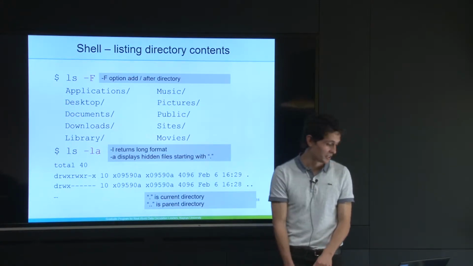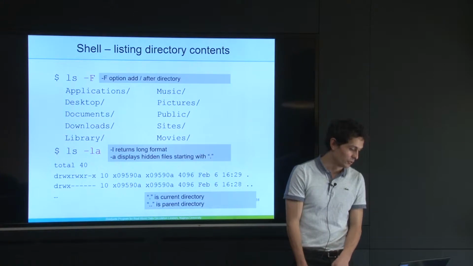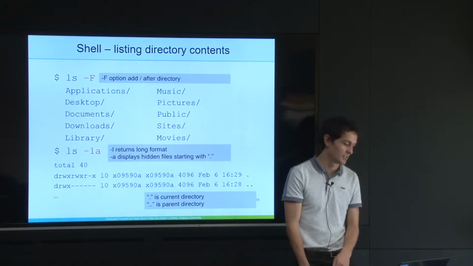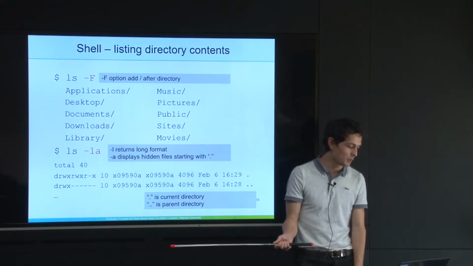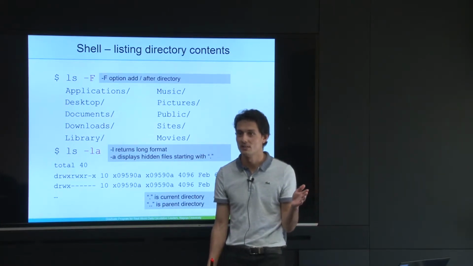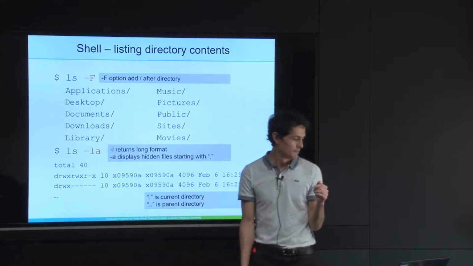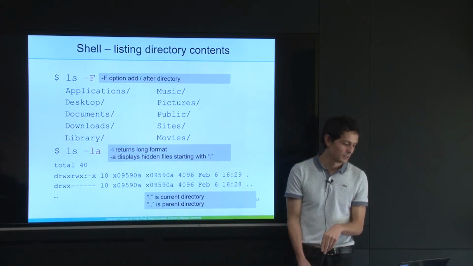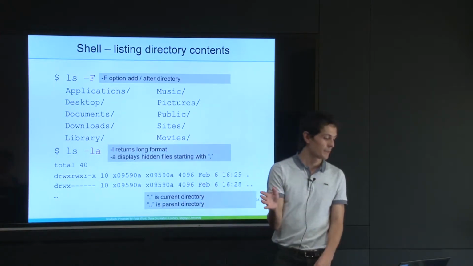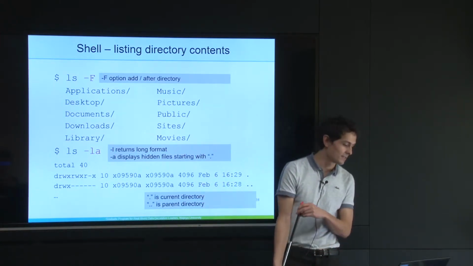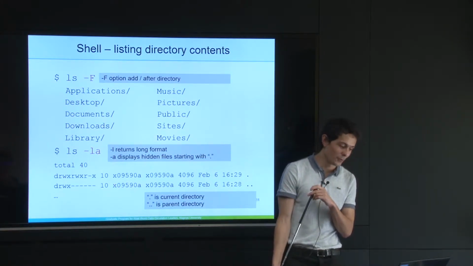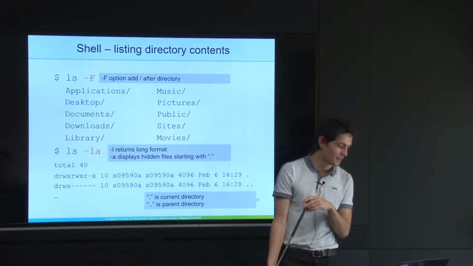Try typing that now and you'll see it will tell you a whole bunch of information about each of the files, including the hidden files. Let's see, can anybody guess what the left-hand column of that chart is? I think the far right is the file name or the folder name. That's pretty self-explanatory. One column to the left of that is when it was modified. The one before that you don't really have to worry about.